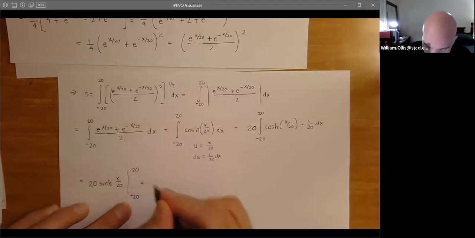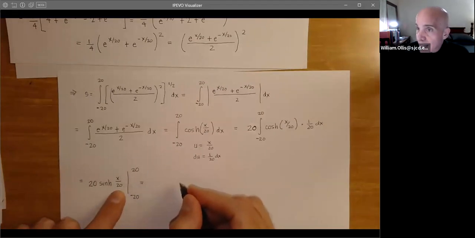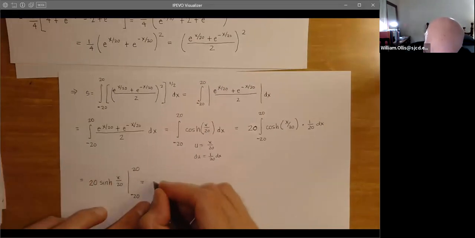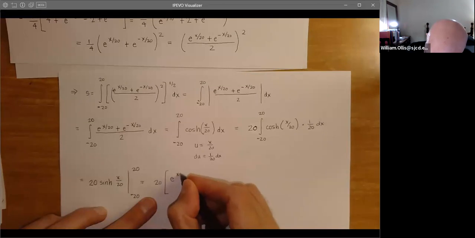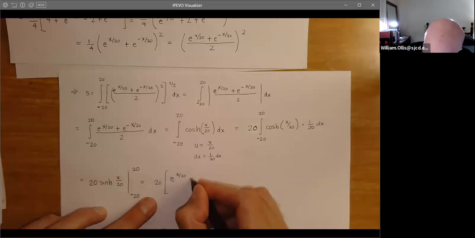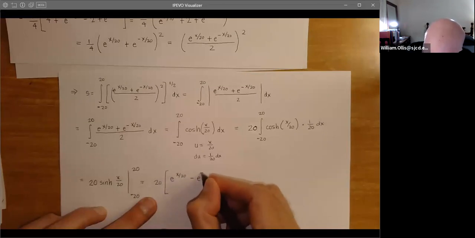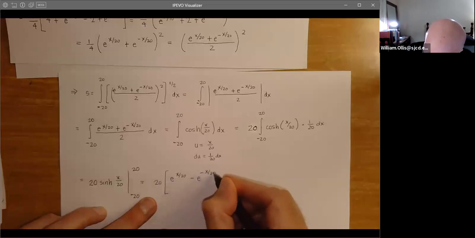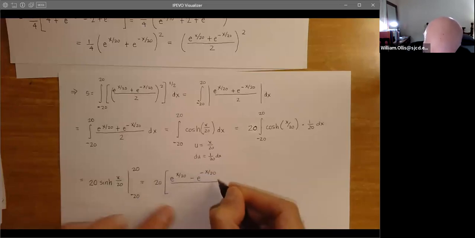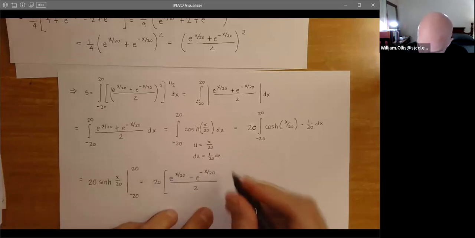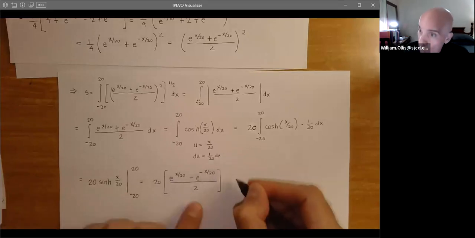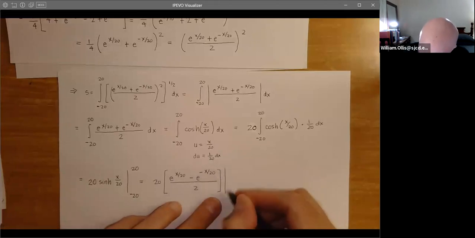Now, of course, the hyperbolic sine, that's the e's. We'll put in all the e's. So this is 20 times e to the x over 20 minus e to the negative x over 20 divided by 2, just filling in the formula for the hyperbolic sine so we can get a number devoid of hyperbolic sine. Negative 20, 20.